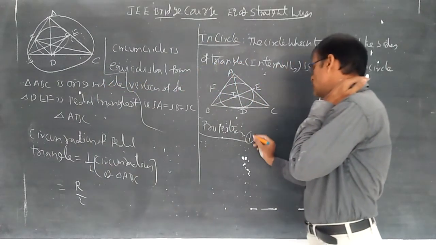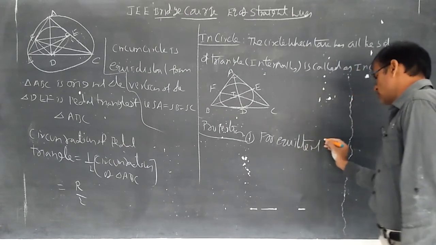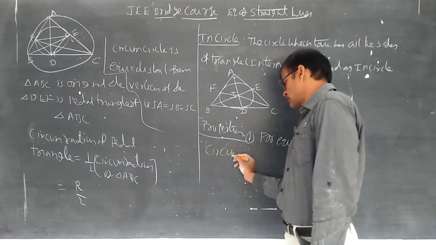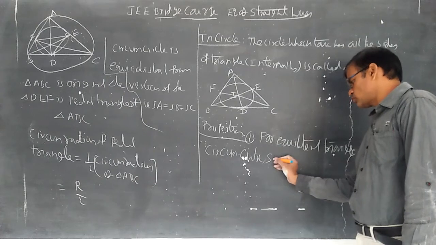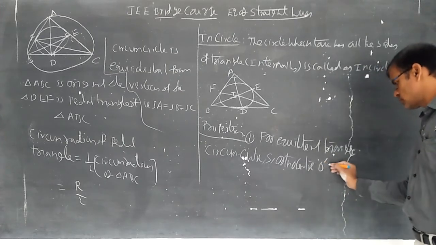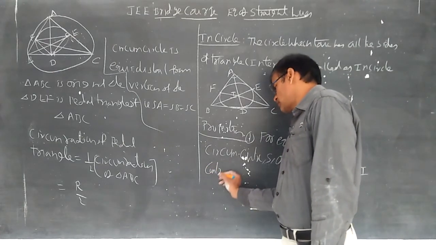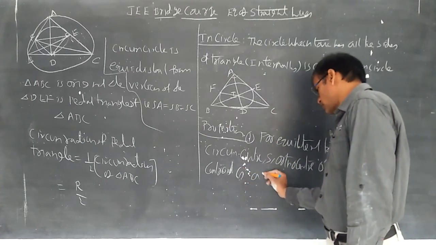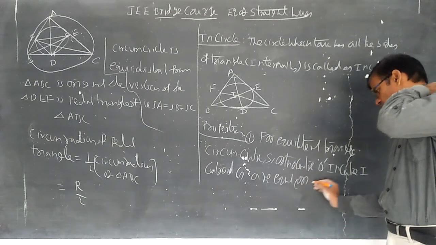Next, properties. First one, for equilateral triangle, circumcenter S, orthocenter O, incenter I, centroid G are equal, or that means coincide.